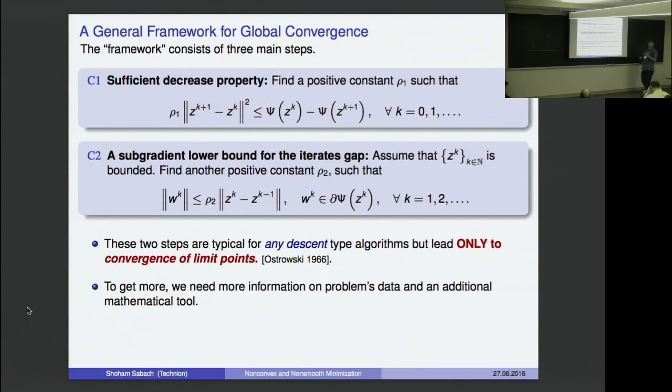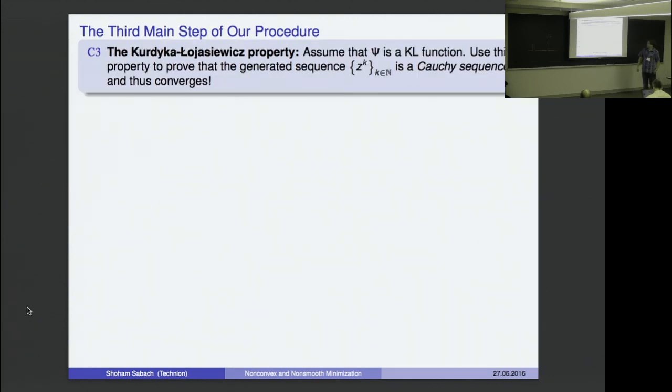To get more, as I said, we will need to assume more information on the data, on the objective function of the minimization problem, and this will be the third step of the general framework. The third step involves what is called the Kurdyka-Lojasiewicz property, or in short, because the names are not that easy to say all the time, the KL property.